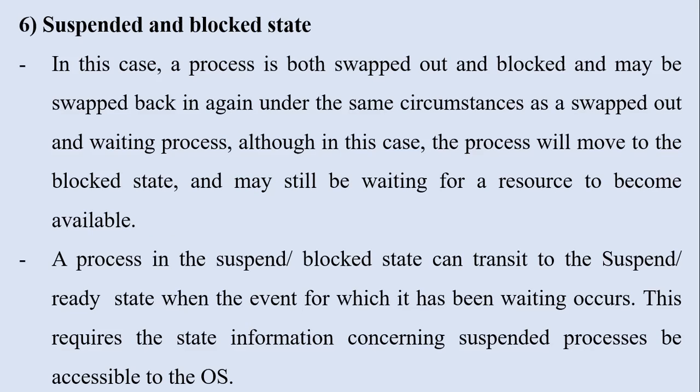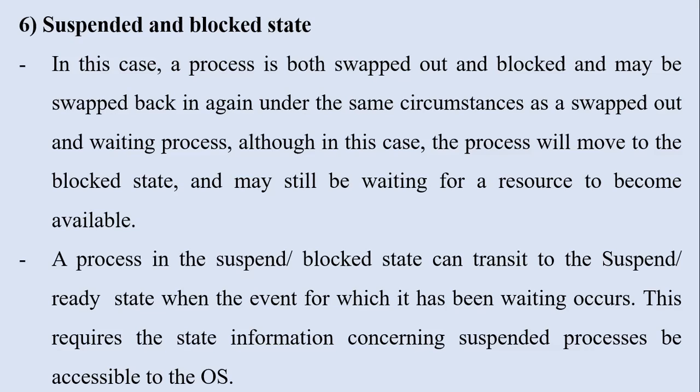The sixth state is what we call the suspended versus blocked state. In this case, a process is both swapped out and blocked, and may be swapped back in again under the same circumstances as a swapped out and waiting process, although in this case, the process will move to the blocked state.